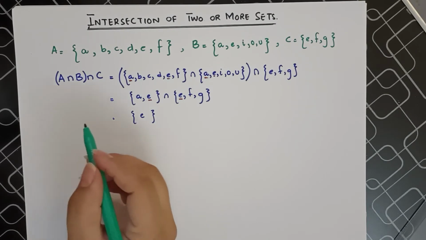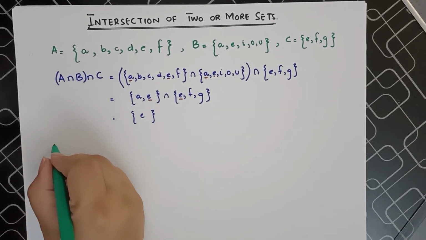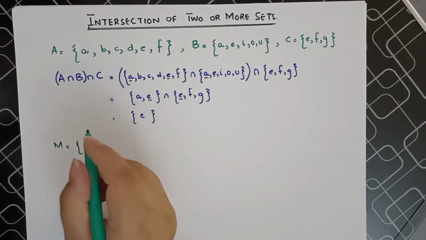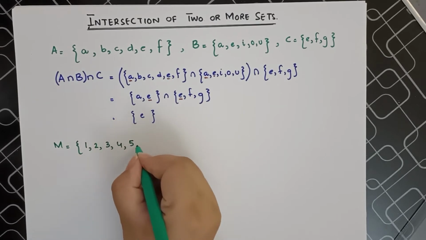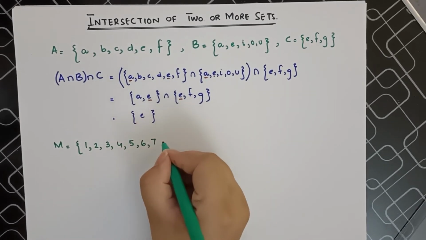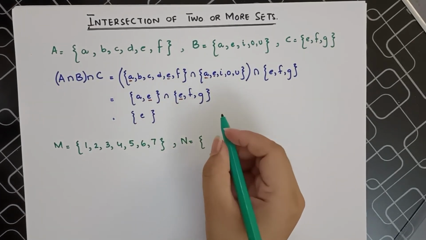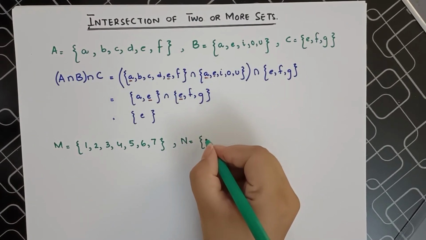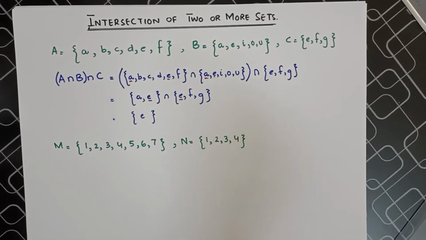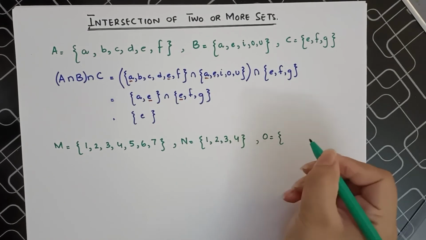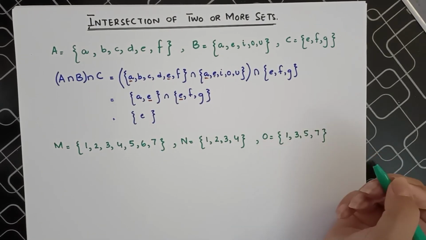Okay, now let me give you another example. It might help you understand it better. Let's suppose we have a set M given 1, 2, 3, 4, 5, 6, 7, and we have a set N which is, and we have set O which is 1, 3, 5, 7.